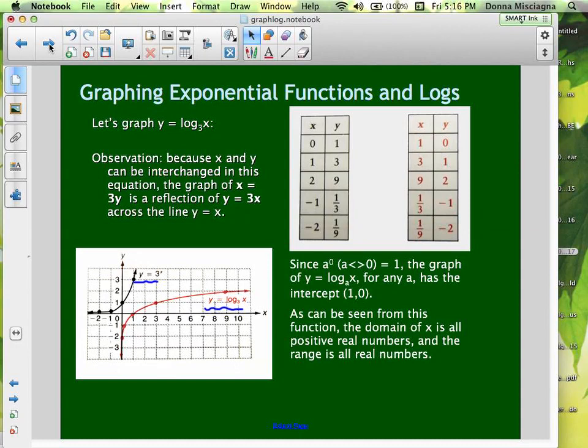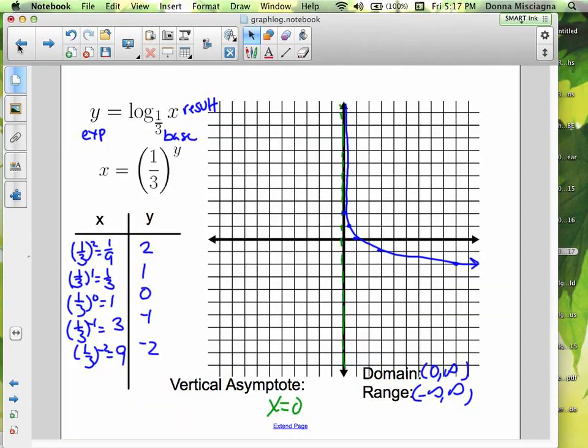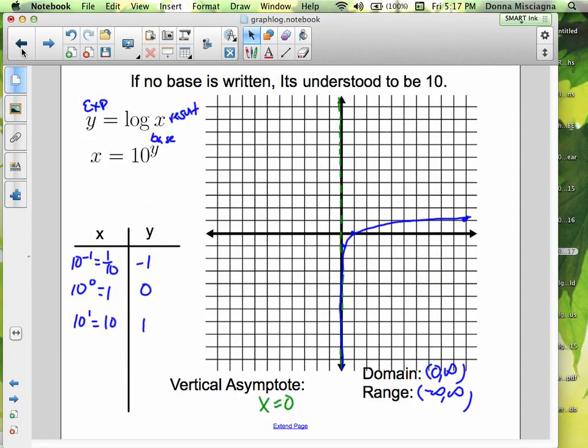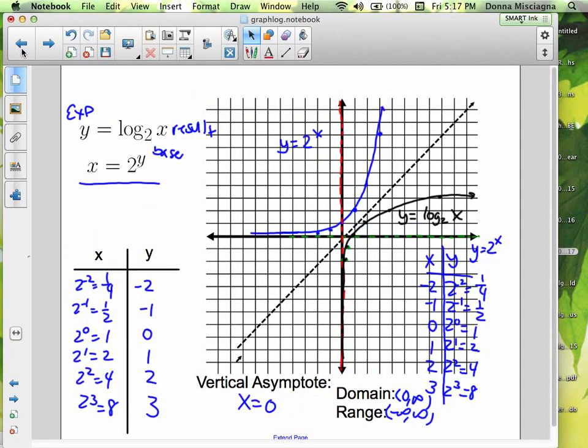And you can see that these are going to be reflections of each other over the line y equals x. So this line back here, the diagonal line, was not because there's a slant asymptote. There's not. It's just to show you that those two functions are reflections of each other over that line.